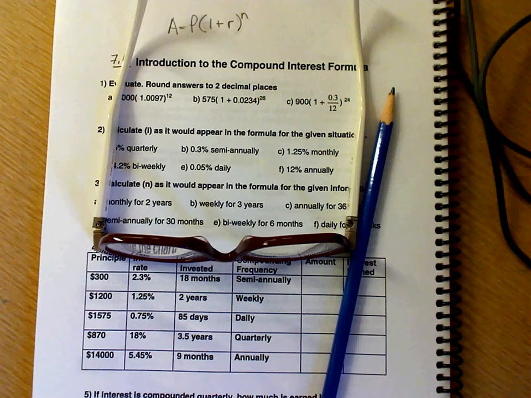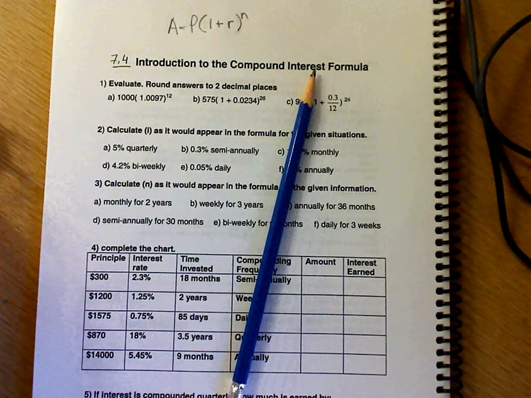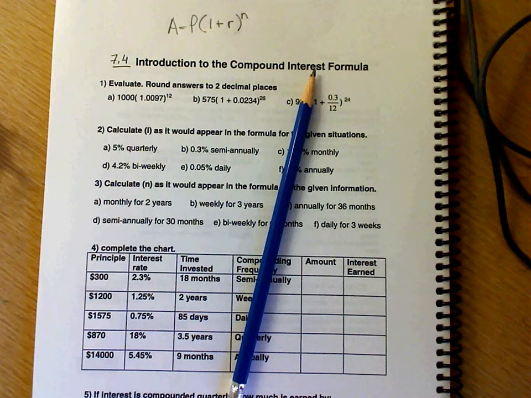So if something is compounded annually, then the number of times it's compounded a year is once. If something is compounded semi-annually, or every 6 months, then the number of times it's compounded in a year is twice.